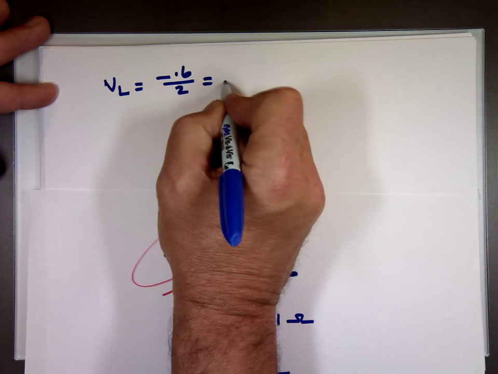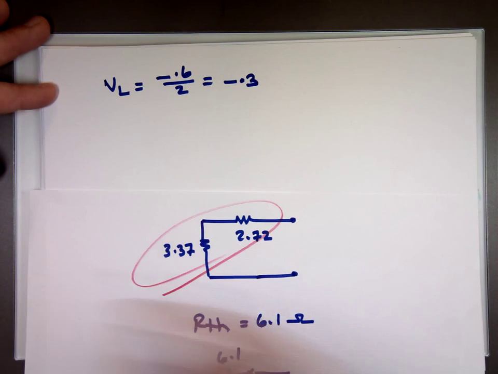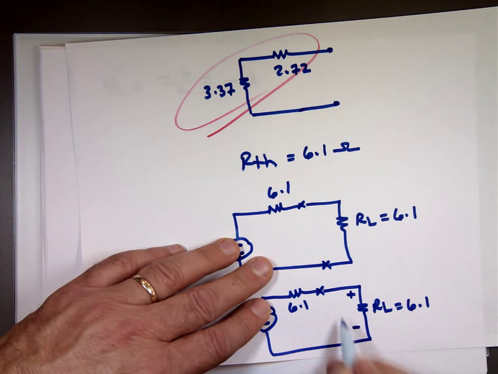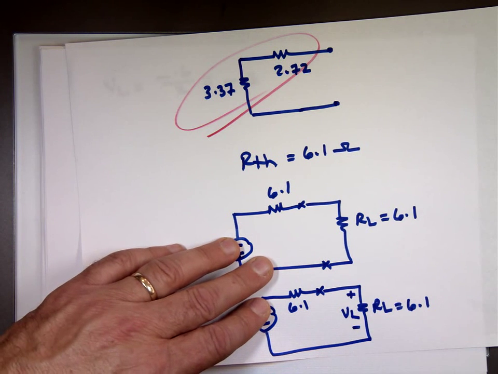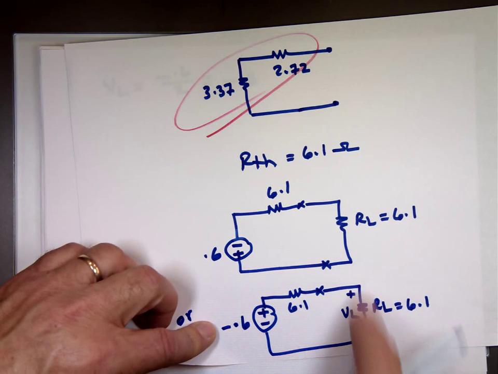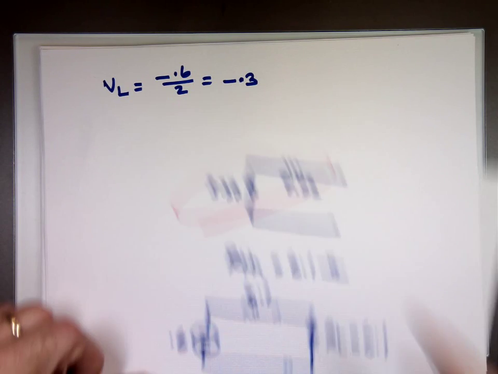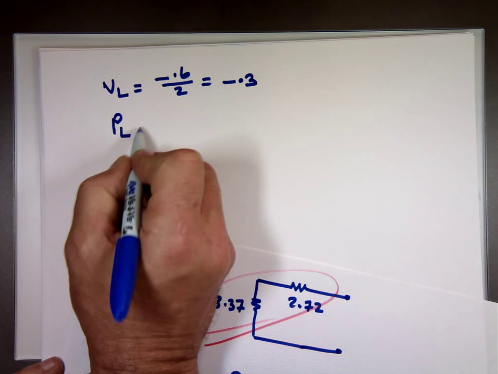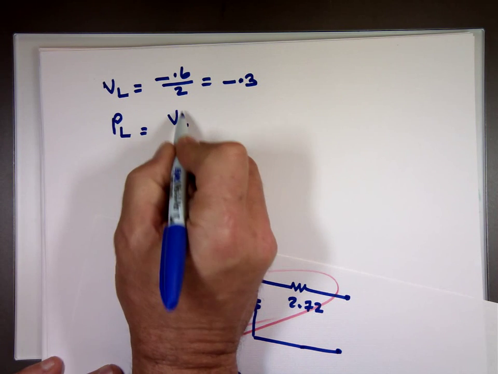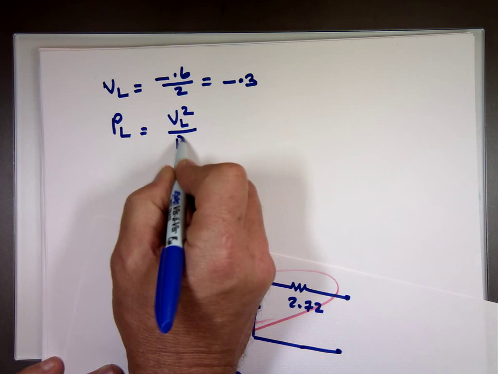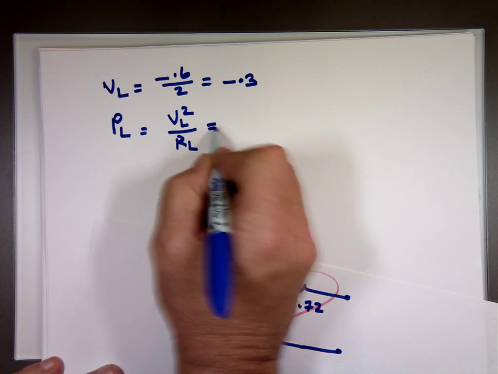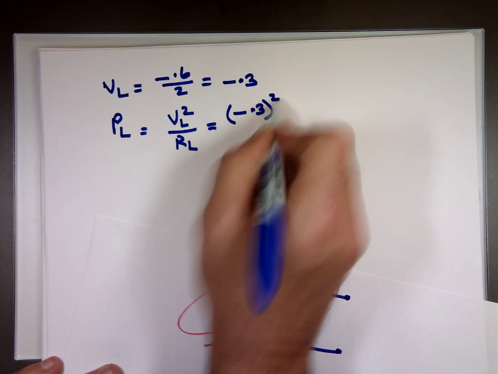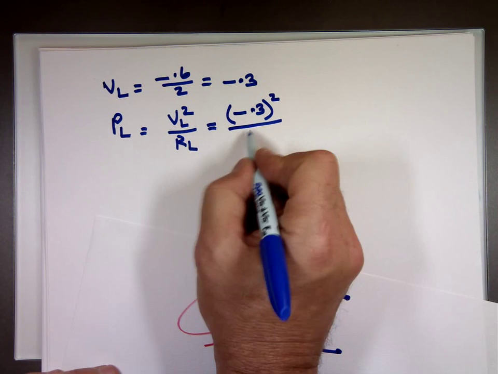Negative 0.3, if you mark it plus to minus. This is VL. Plus to minus on the top. So VL is negative 0.3. So what is the power delivered to the load? It's the voltage across the load squared divided by the resistor of the load. This is negative 0.3 squared divided by the resistor of the load, which is 6.1.